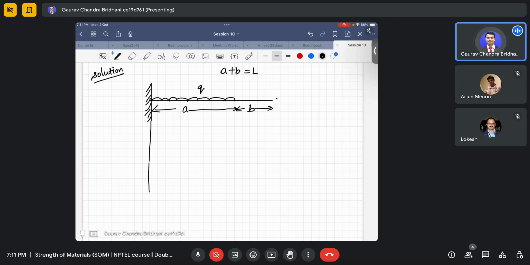If I ask you to draw the bending moment and shear force diagram, you know that this load is UDL, so the shear force will keep on increasing.